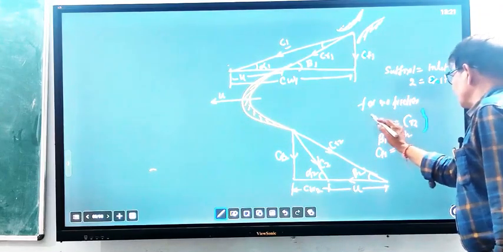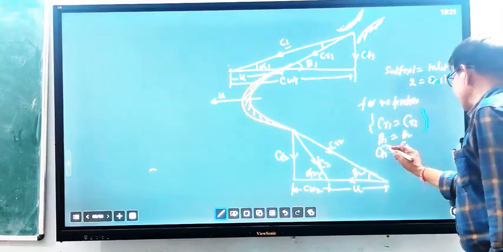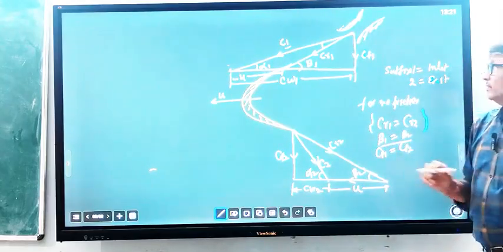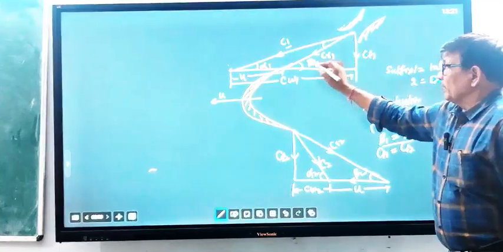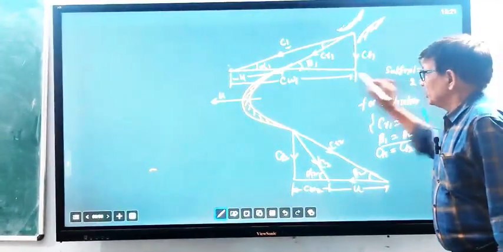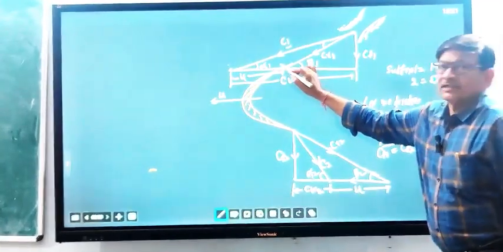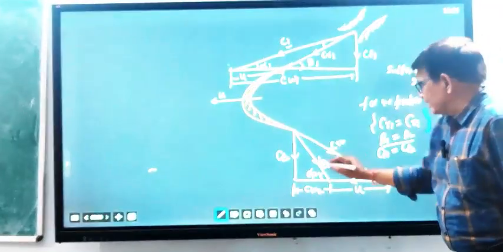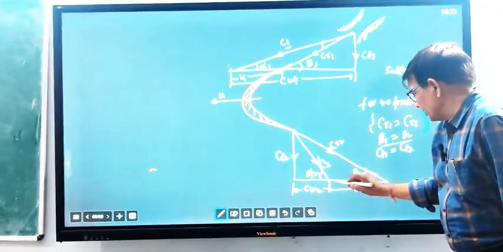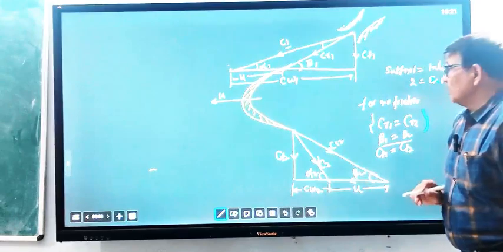These are relative velocities. These are angles of the tip of the blade with which relative velocity strikes the blade, with the tangent at the tip of the blade at inlet and at outlet. This is beta 2 and this is alpha 2.